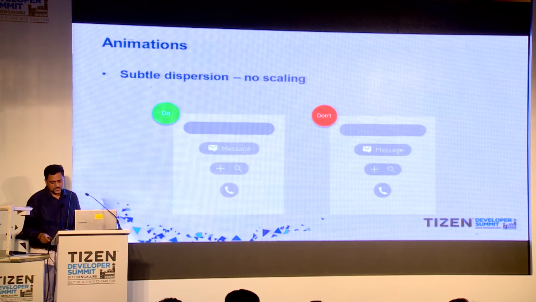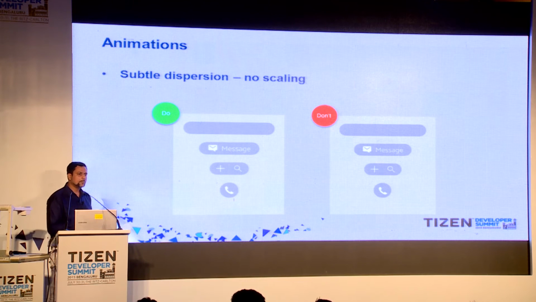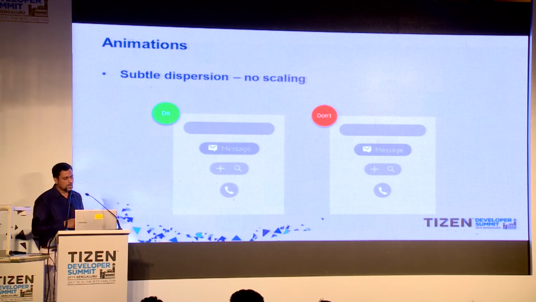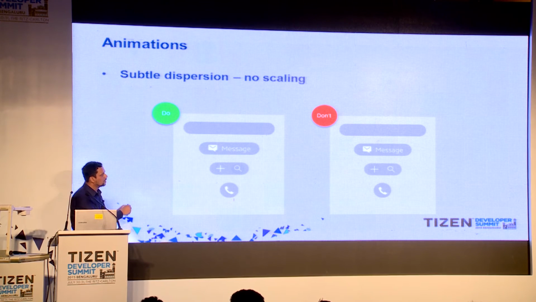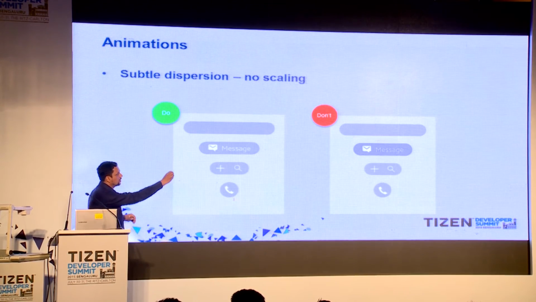Finally, here's something that was really unique. In Tizen, we came up with a fresh way of providing feedback. We wanted to avoid scaling. We found that this visually distracts, creates a sense of distraction, the size of the button increasing.